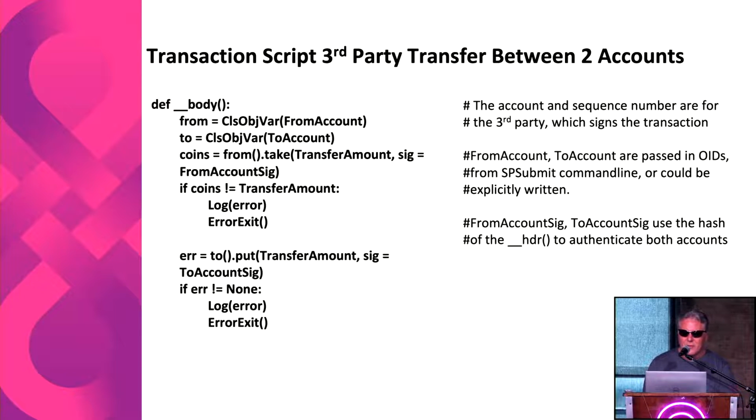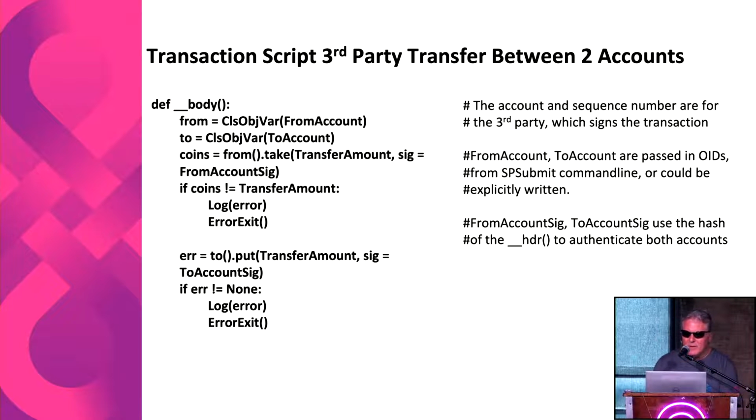And here's the source code to be able to do it. So remember that the submit tool is generating the from account and to account variables with the object ID. You could just easily hard code these, but there's no reason why you can't pass them in as well. So here I am passing in the from account and the to account and generating object references by creating instances of class object var.